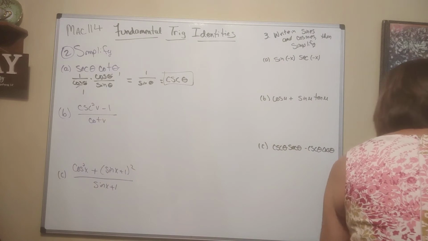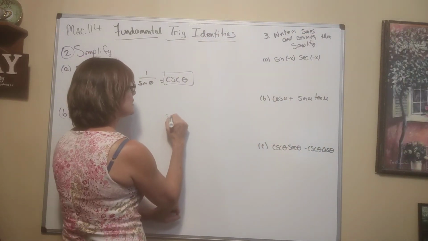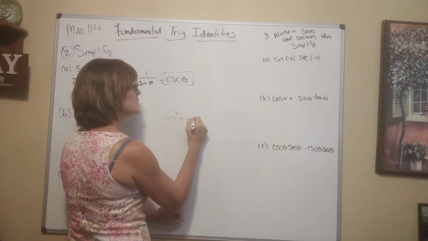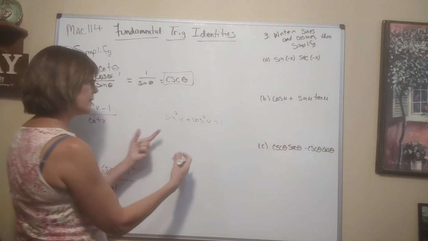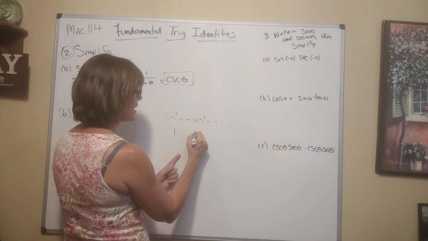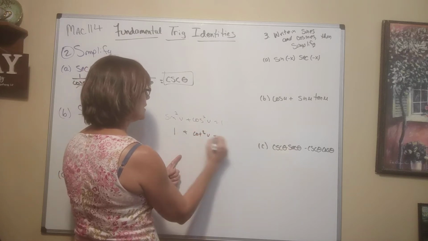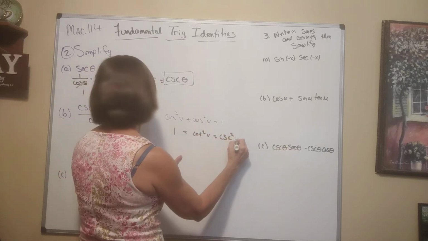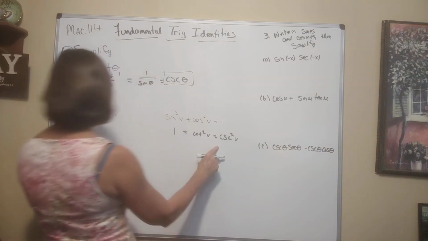Like I said, I don't typically memorize all those. I just memorize this one, that the sine squared plus the cosine squared is 1. And from that I can come up with the others. Sine divided by sine is 1. Cosine divided by sine is the cotangent squared. 1 divided by sine is cosecant squared of v. And so cosecant squared of v is in this one, and that's what I'm looking at.